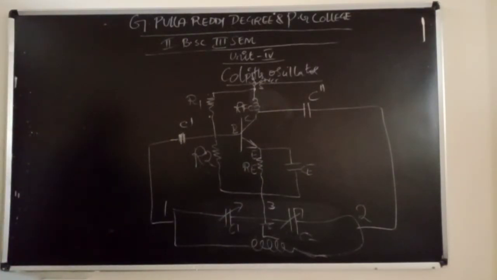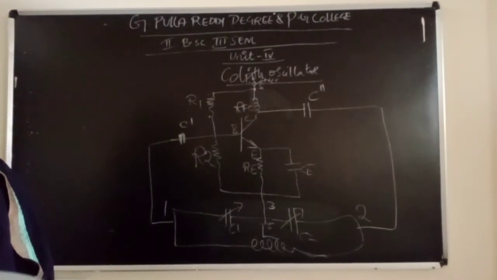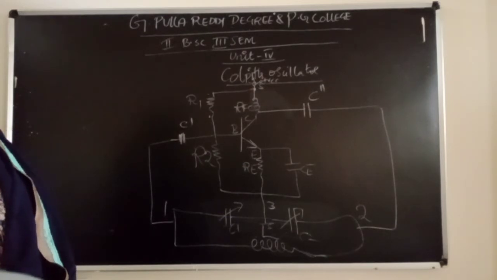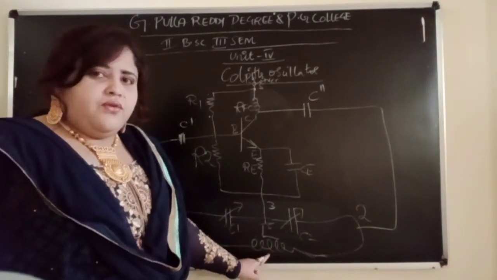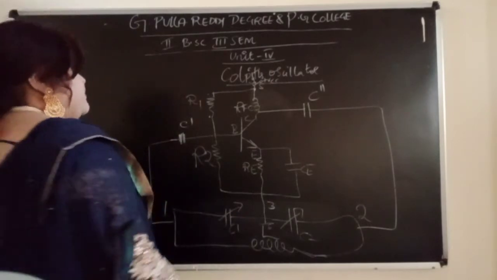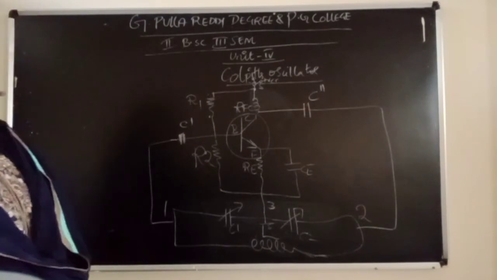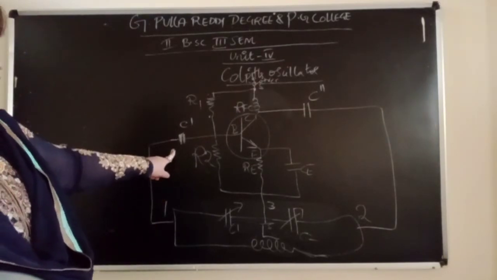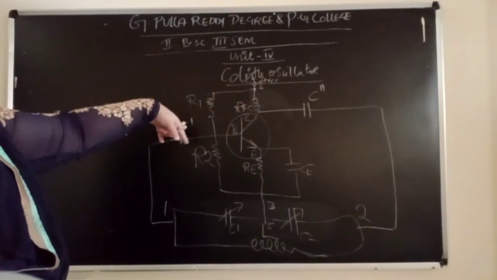So you can see this circuit now. I have taken two resistors R1, R2, then C dash, C double dash, then two capacitors C1, C2 and inductor L. In the common emitter configuration we have taken an NPN transistor.